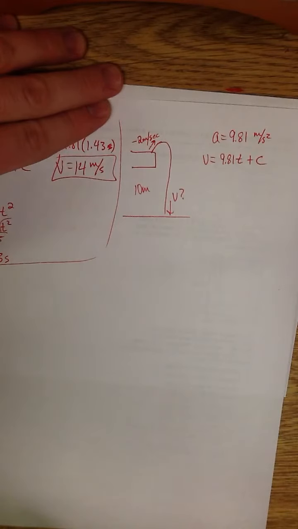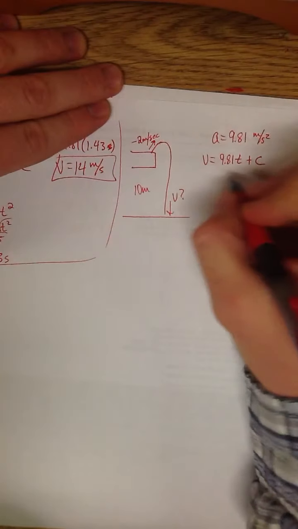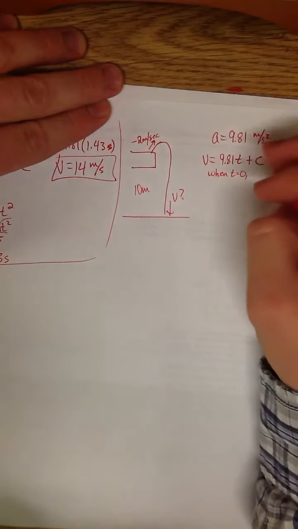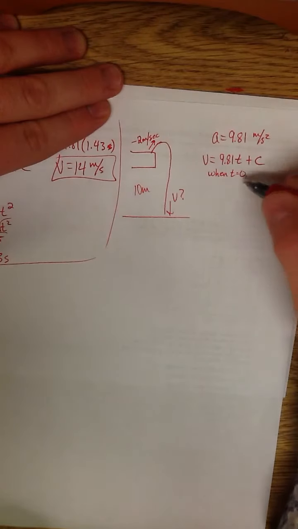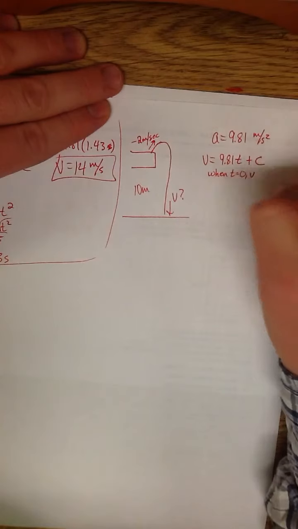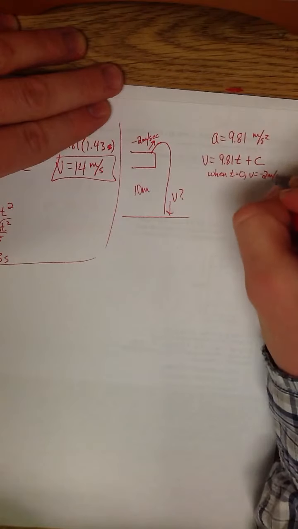Now here's where it's different. Here we assume at t equals 0, so when t equals 0, this is hard to think about this way. You could think about when t equals 0.000000001, what's my velocity? Well, the velocity then would be negative 2 meters per second.